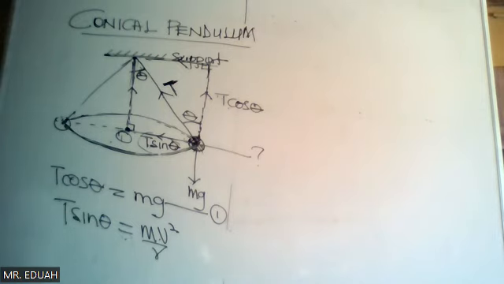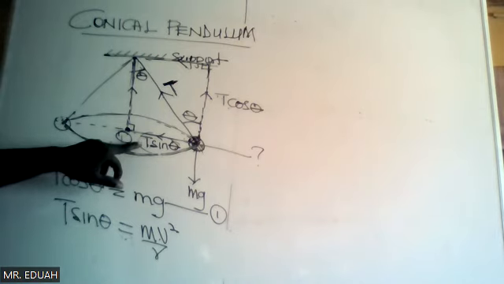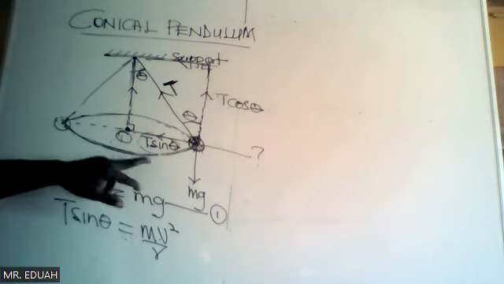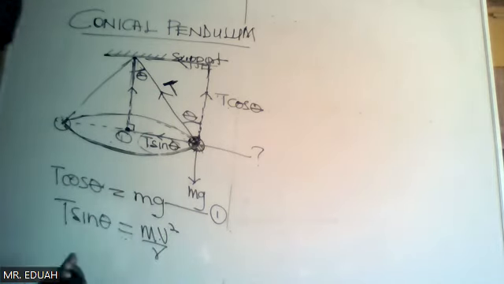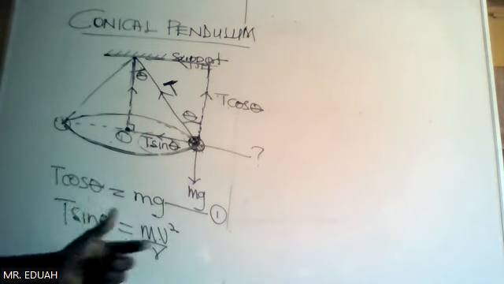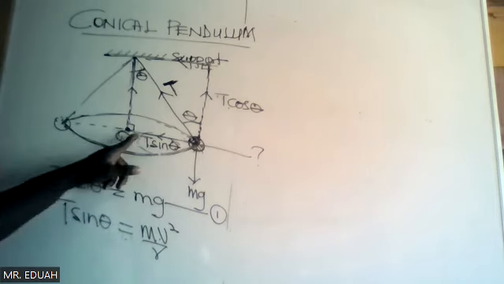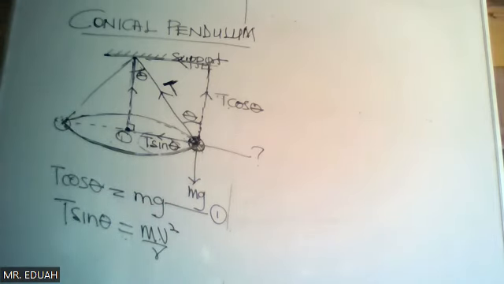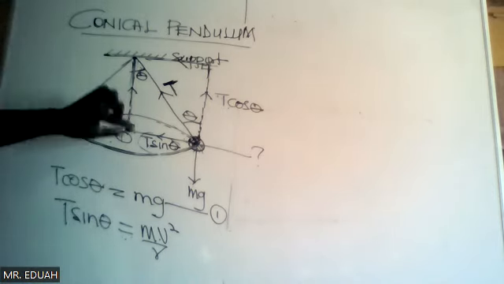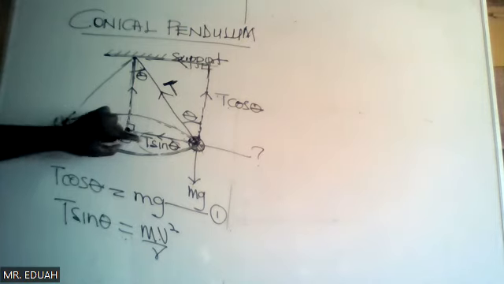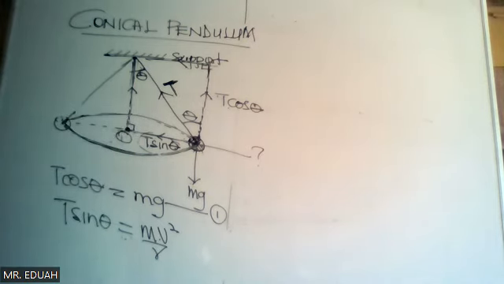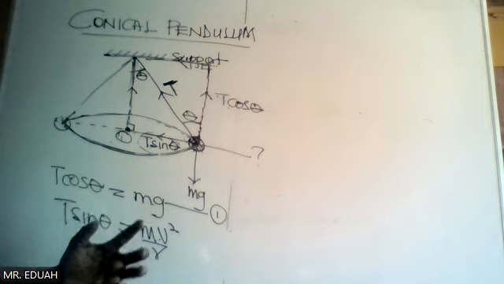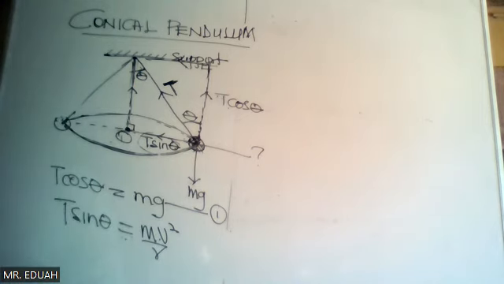We do that because this component T sine theta is directed towards the center and along the radius. Centripetal force is directed towards the center and also along the radius. And so this T sine theta component becomes equal to the centripetal force which keeps the body in circular motion.